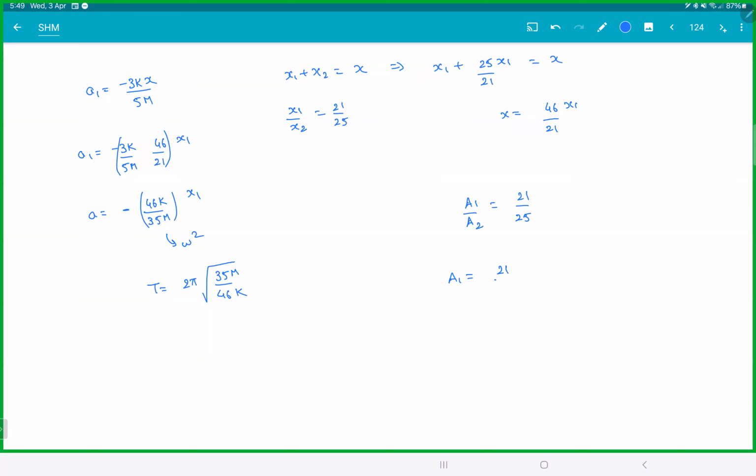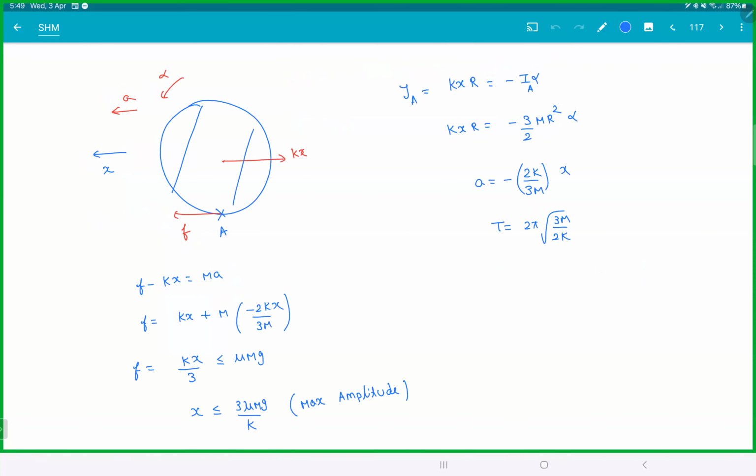Therefore, a1 will be 21 by 46 of amplitude, a2 will be 25 by 46 of amplitude. Clear? Any doubts on this?